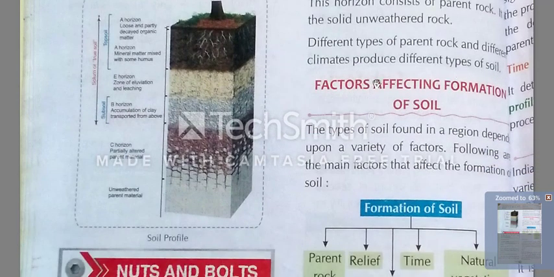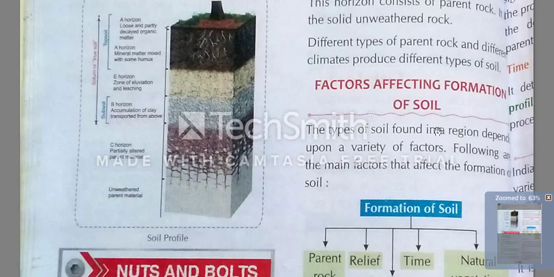Now we will see the factors affecting the formation of soil, how the soil is formed, and some factors which affect the formation of soil. The types of soil found in a region depend upon a variety of factors.